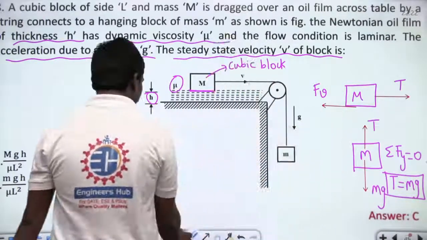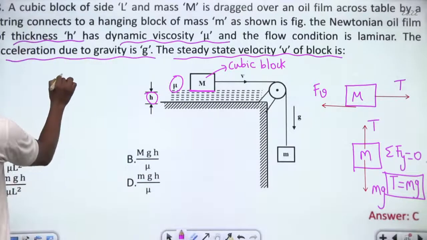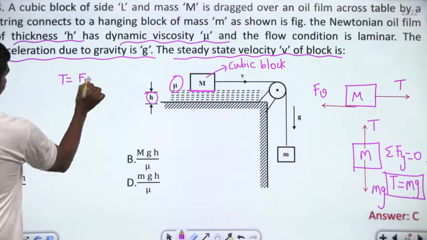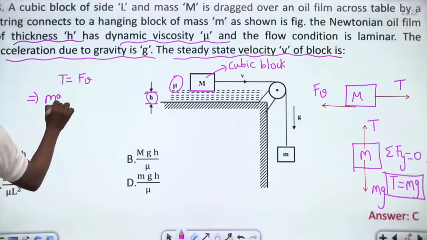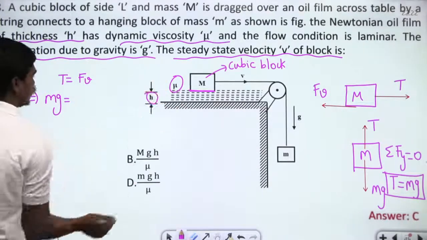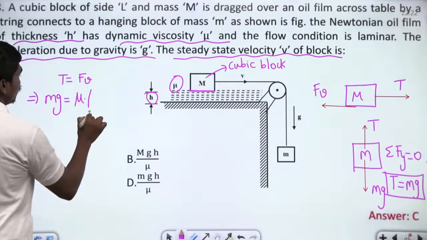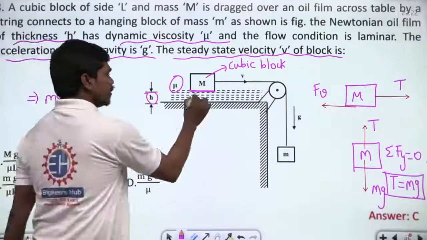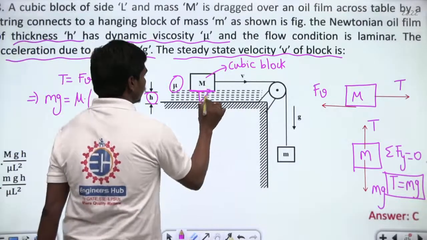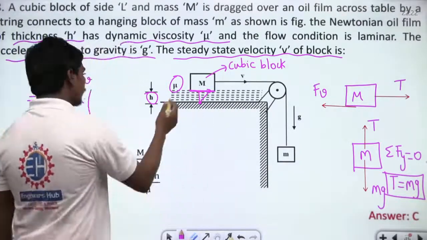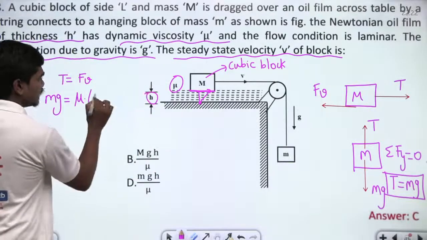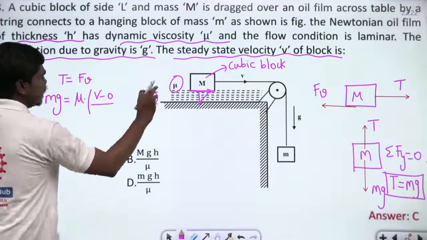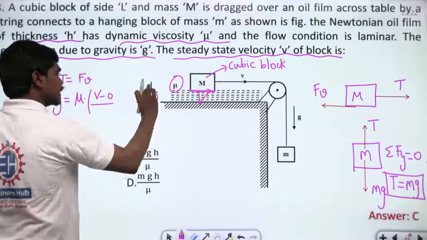Or else, if you write for the equilibrium, we have T equal to Fv, the viscous force, which means mg is equal to, what is the viscous force now? You can apply Newton's law of viscosity, mu into du by dy, the velocity gradient. There is a linear velocity gradient, of course, because we are doing the Newtonian approach, so we can write the velocity gradient as v minus 0 divided by h, since the gradient occurs within a distance of h.